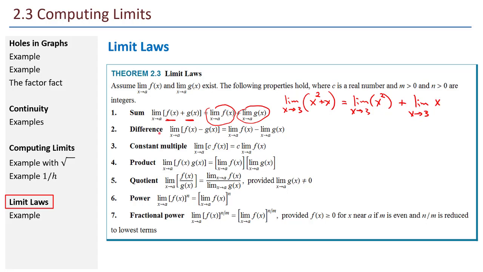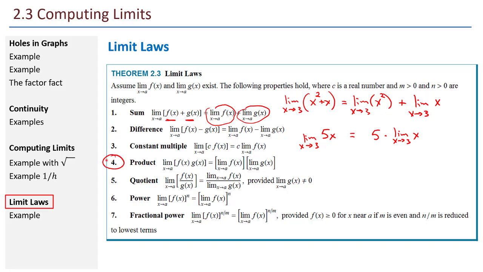And there's a difference rule that's pretty similar. I can use subtraction as well. The constant multiple rule comes up a lot. An example might be the limit as x approaches 3 of the expression 5x, which is 5 times the limit as x approaches 3 of x, where 5 is acting as the constant multiple.